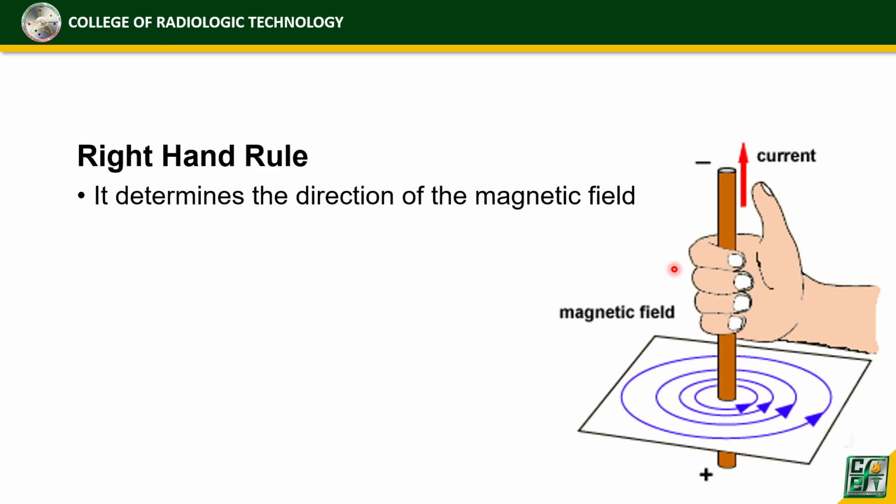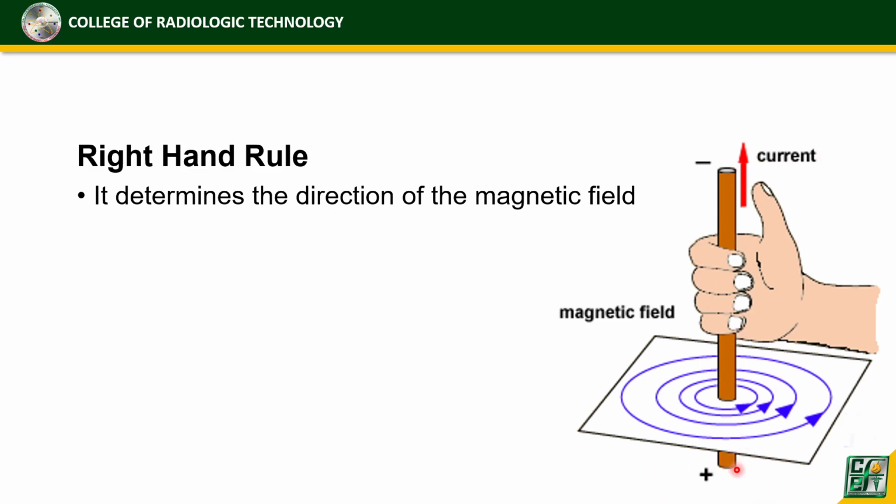Yung sign niya ito, yung current niya pataas, di ba? Yung magnetic imaginary lines, from the North Pole papunta sa South Pole. Paulit-ulit lang siya.